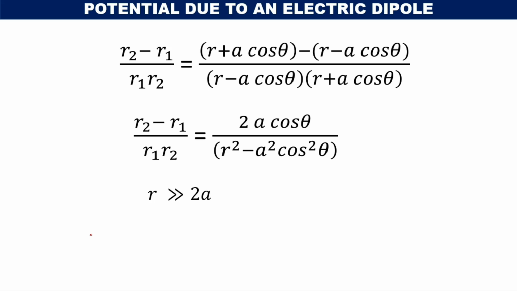Since r is much greater than 2a, therefore r square will be much greater than a square cos square theta. Hence, subtracting a very small quantity from a very large quantity will be almost equal to the large quantity itself.